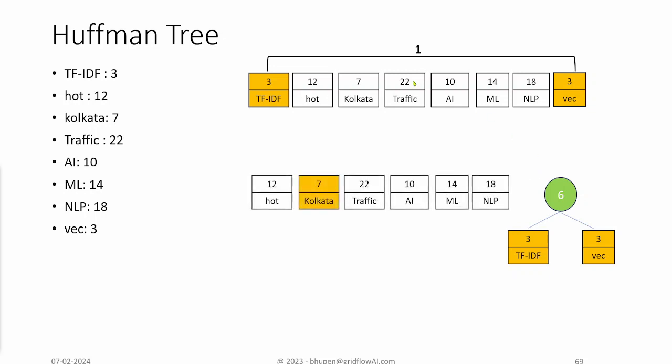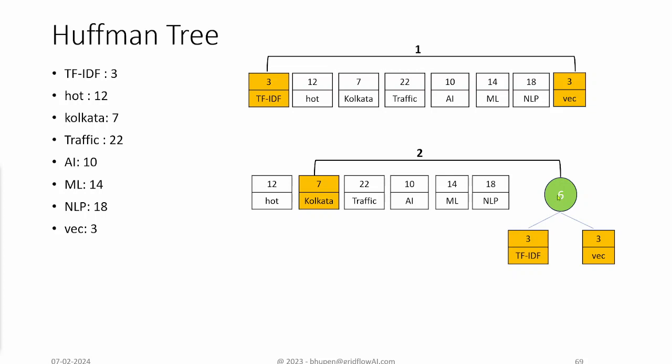Next, the remaining words, we just put them next to it, and then again find the pair of tokens having the least frequency. In this case, it would be Kolkata, frequency of 7, and this one with a frequency of 6.